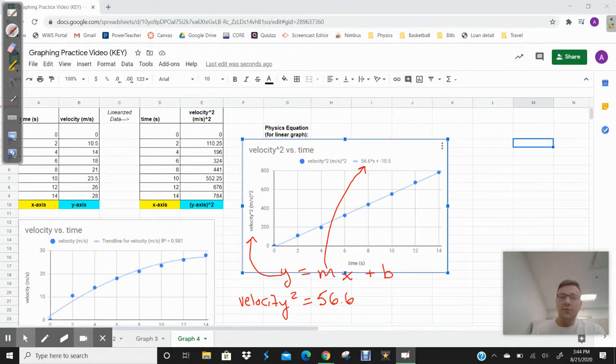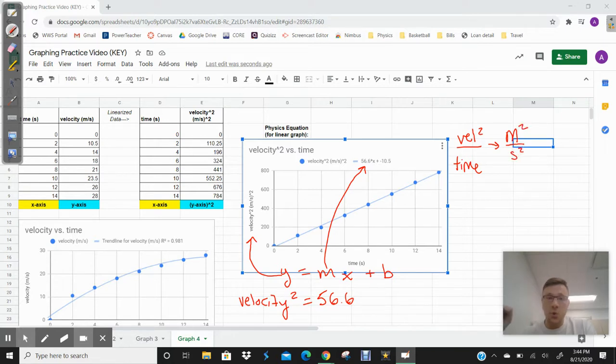And then we do need to figure out our slope units. So the rise here is velocity squared. The run here would be time. Okay. So if we're looking at units here, our units would be meters over seconds squared.